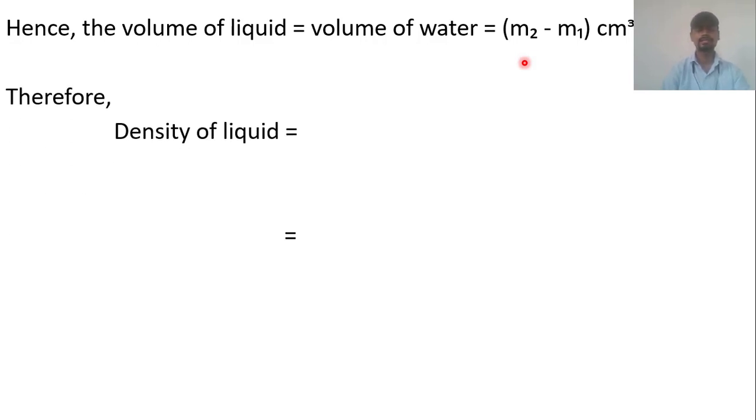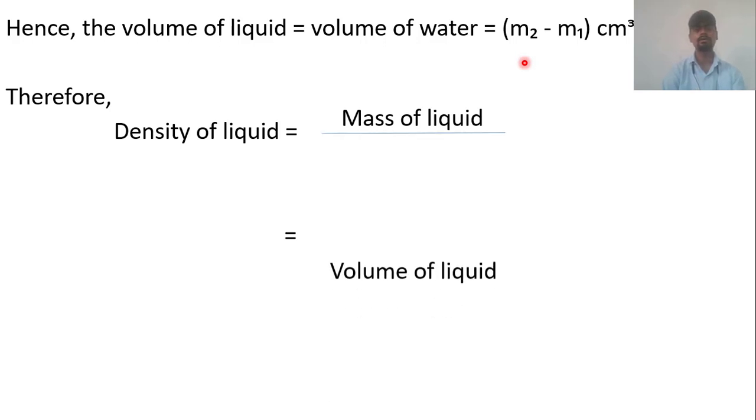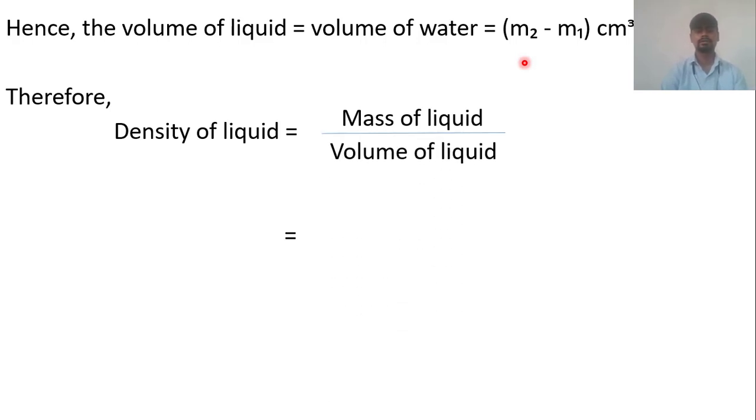Therefore, what is the density of the liquid? It is the mass of the liquid upon the volume of the liquid. Generally the formula of density is mass upon volume, but here we are calculating for a particular liquid. So the density of the liquid is the mass of liquid upon the volume of liquid.